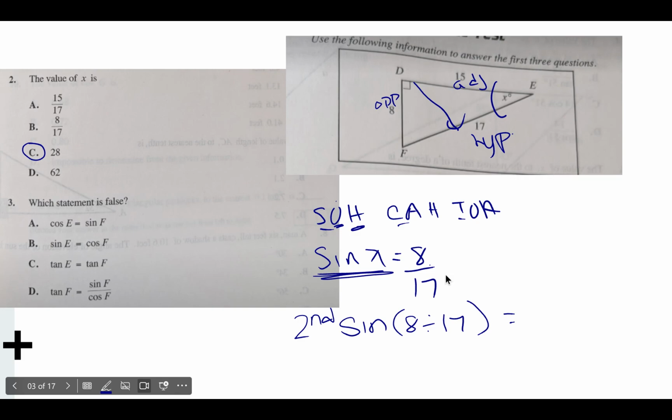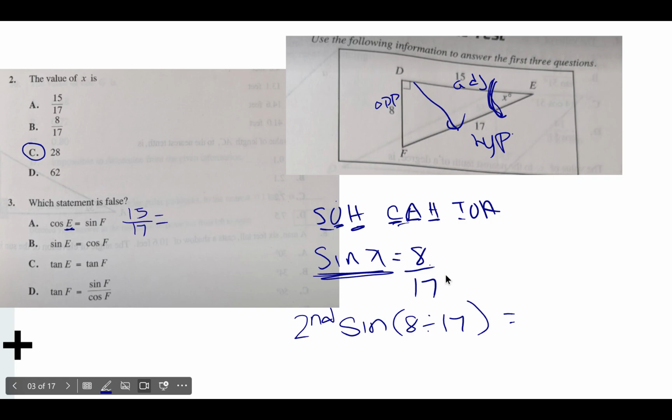Now, moving on from here, the next part of this question is saying which statement is false. So if we are taking a look, and again, it depends where we're starting from. If I wanted the cosine of E, cosine is adjacent over hypotenuse. So starting from E, what's labeled, you have the adjacent side, so 15 over the hypotenuse.